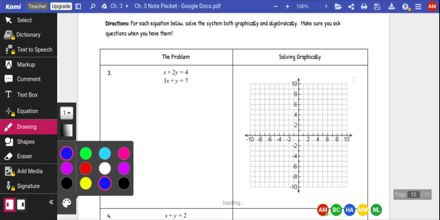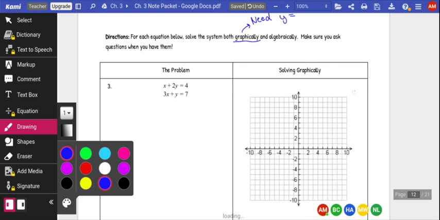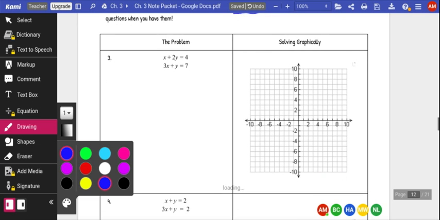let's solve them graphically. So to solve them graphically, you would need to get both equations into y equals. So I'm going to make myself a note here. Need y equals to solve it graphically. Okay, so what I'm going to do is take my first equation over here, and I'm going to solve it graphically.